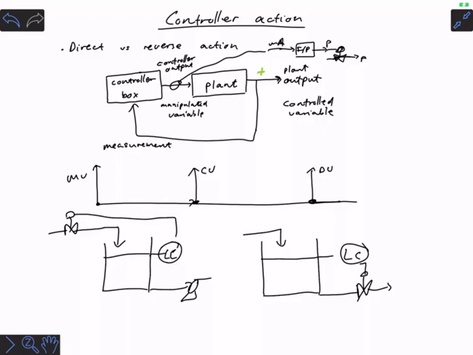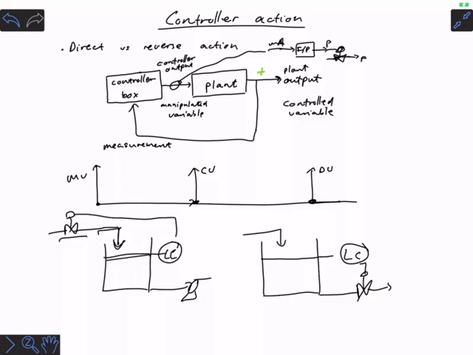Now I'm going to take the easiest version of this, where when I say the controller opens the valve, that's an increase in the controller output. We can get into other local actions later, but the most important idea is when this valve opens, the flow goes quicker into the tank, which means that the level will rise.